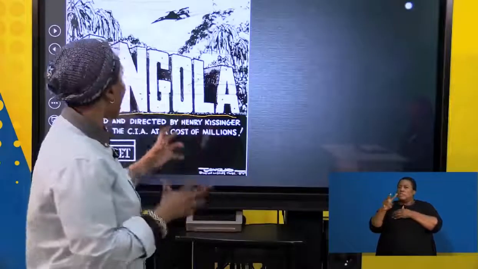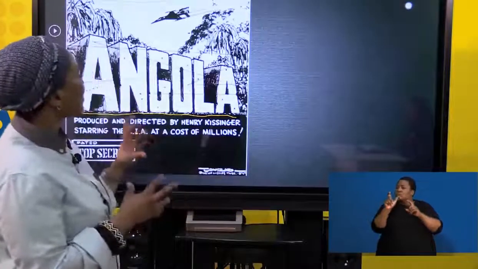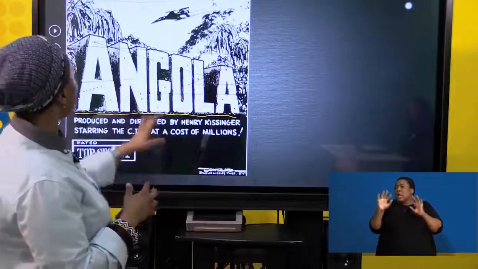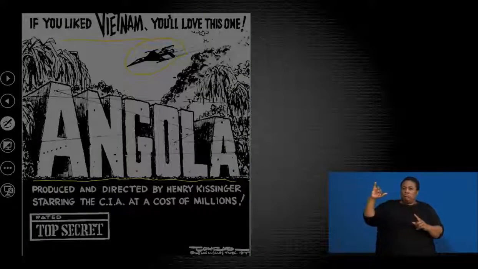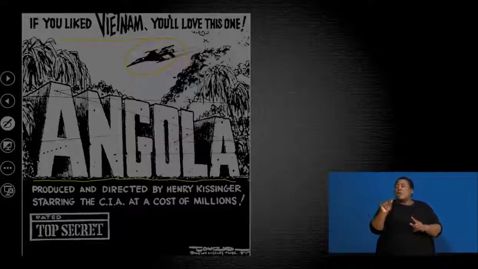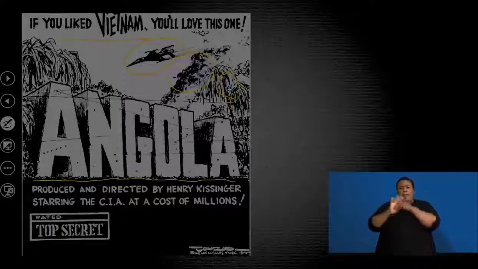These letters are in your face. And how can you see that this is a war situation? You can see a fighter jet there. It's a war situation. And it looks like there is a lot of fire going on in the background as well. So already there is turmoil that is going on here.